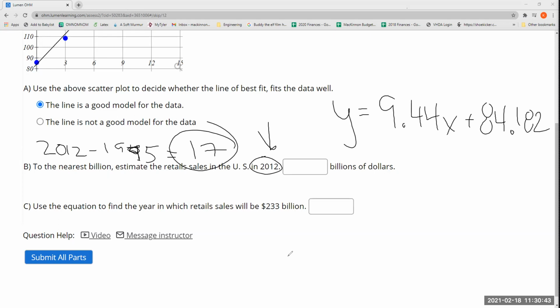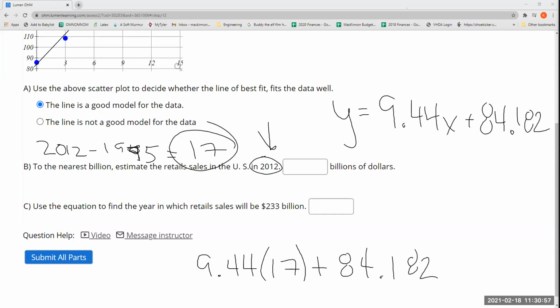Who can tell? So let's go ahead and do this computation. We get 9.44 times 17 plus 84.182. And let's do that. So we get 9.44 times 17 plus 84.182.